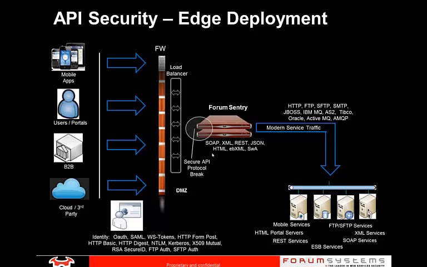This is a fundamental aspect of what the Forum Sentry API Security Gateway does, is it provides the modern day cybersecurity protection and business enablement for those modern day formats like SOAP, XML, REST, JSON, HTML, and EBXML, and SOAP with attachments, and many other of those messaging standards we saw a few moments ago that effectively comprise a very substantial portion of the actual traffic flows in and out of the boundaries.